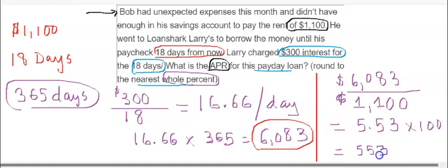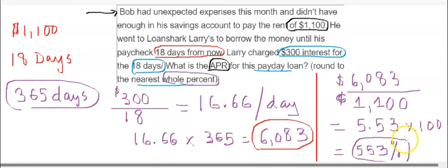I'm sure no one wants to take out a loan that charges 553% annually. That's just crazy. Usually credit cards charge around 20 to 25% APR. I would find other ways to get a loan to pay for your rent. But who knows, maybe Bob ran into a dead end where he has to go to Larry's to borrow the money.